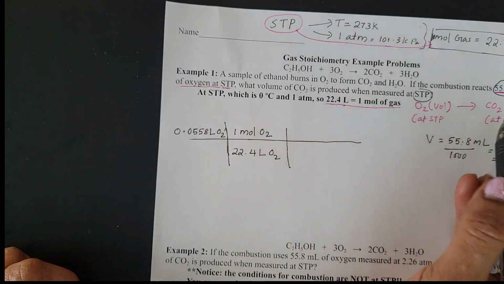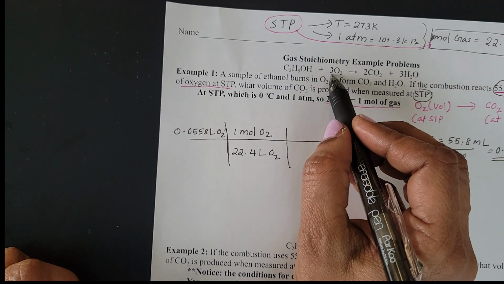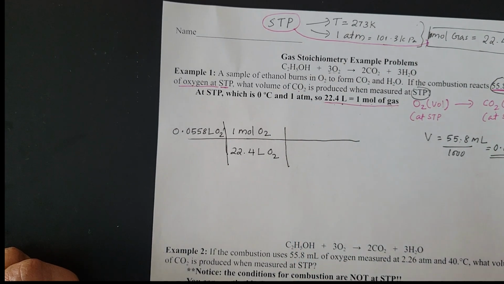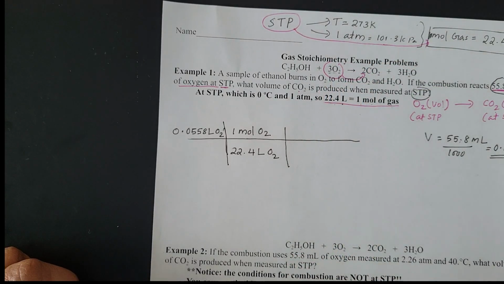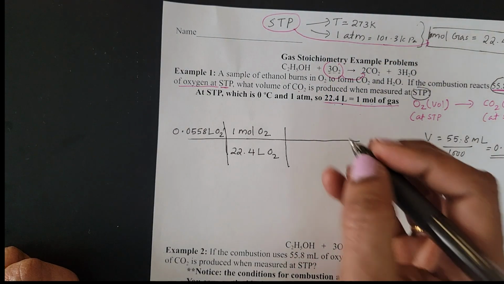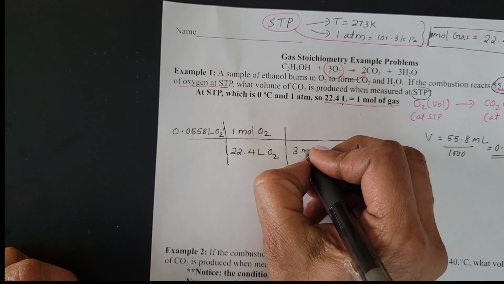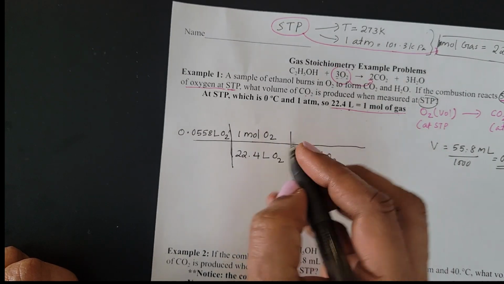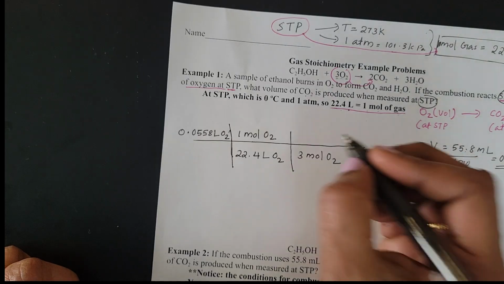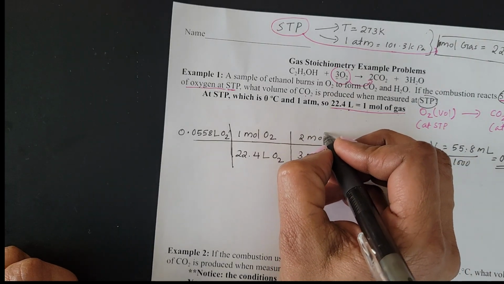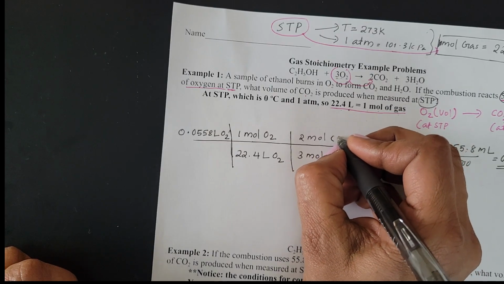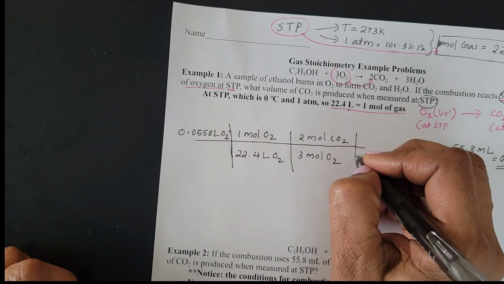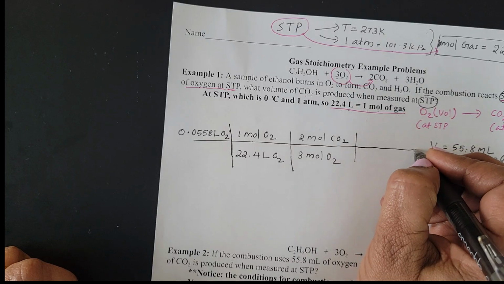Now we are looking for CO2. Look at the equation. How many moles of oxygen is producing how many moles of CO2? That is a mole ratio. So we are going to write 3 mole of oxygen, that is a given, diagonally matching, and it will produce 2 mole of CO2.